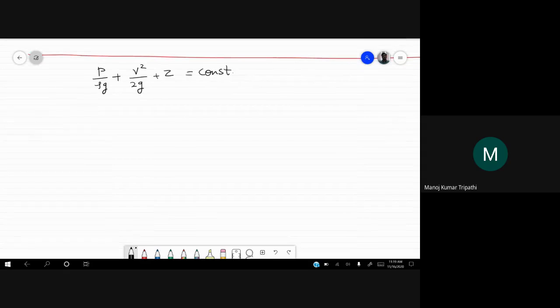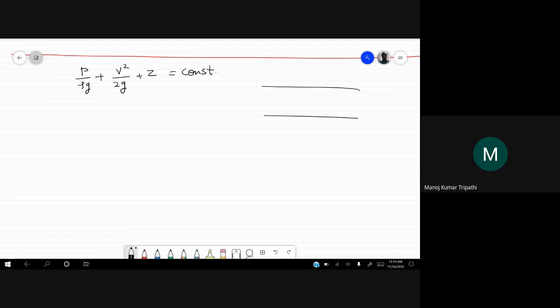But for a pipe, you will always have some friction, first of all. And the other thing for a pipe flow is that at any cross section, the velocity is not uniform. The velocity changes from wall to the center line. Okay, it is not uniform. So this is not correct.